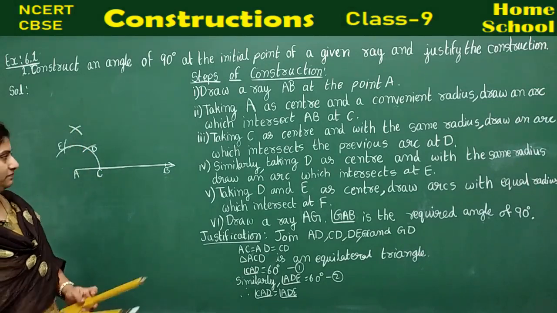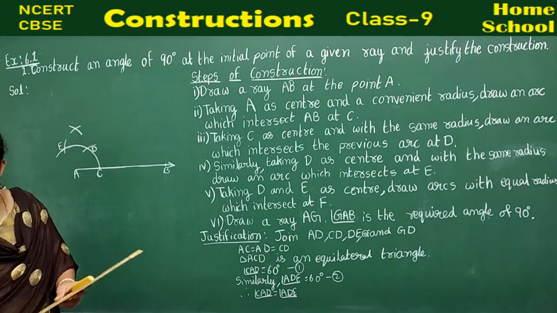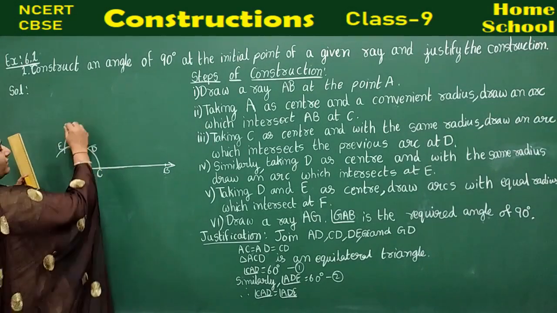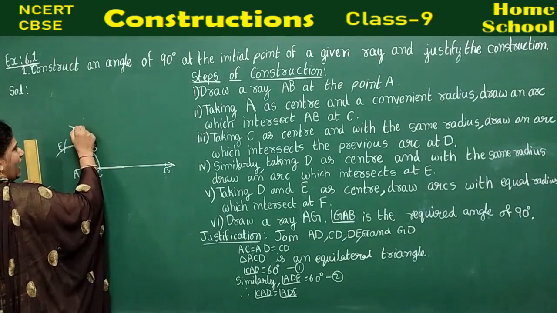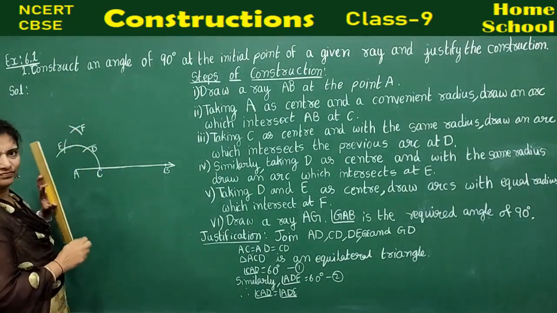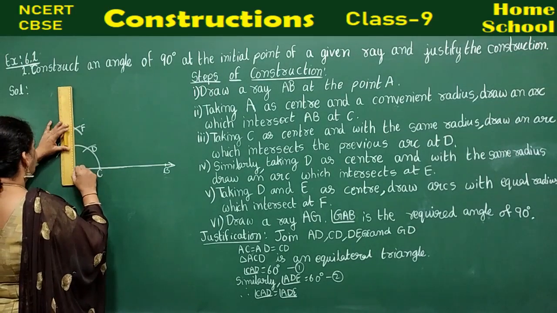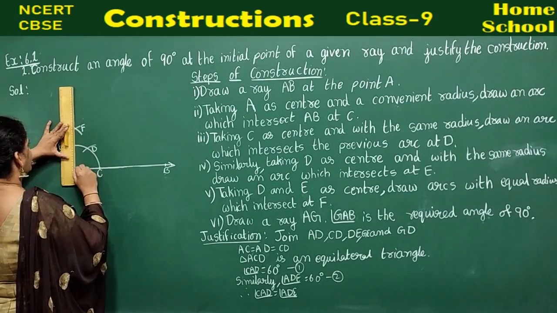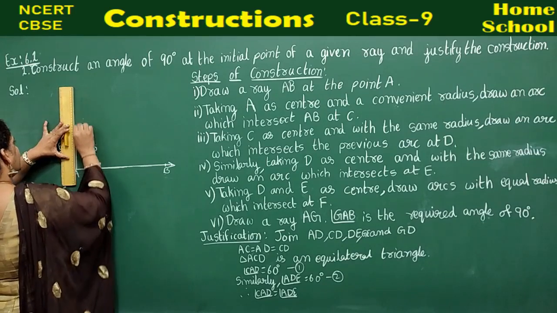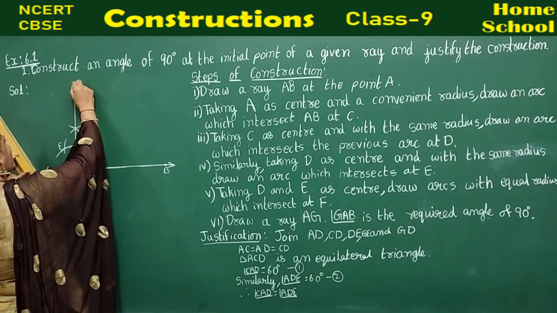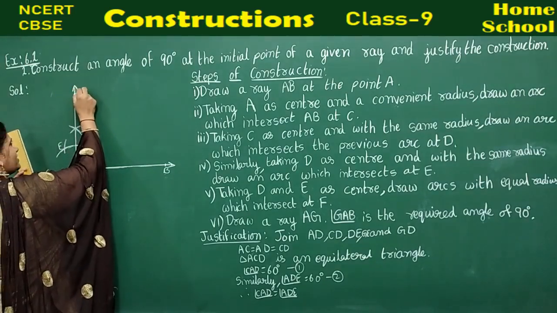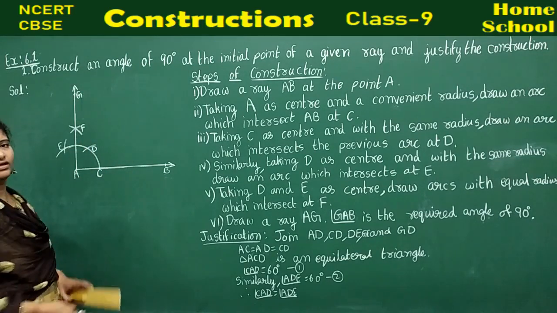Take a scale. Now mark this intersecting point as F. Take a scale and a sharp pencil. Draw a ray and mark this point G.